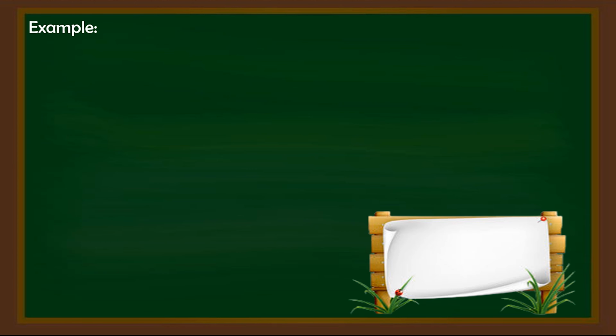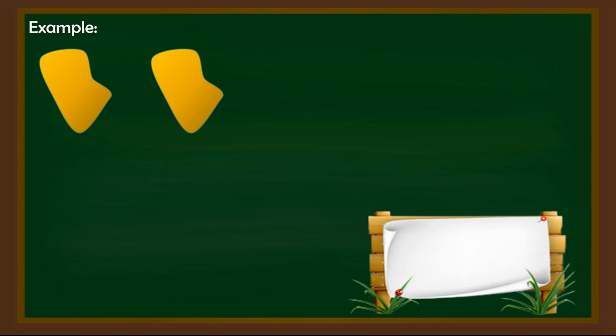Now, it's your turn. Try to identify whether the following relation is a function or not. Let's have example number 1. The elements of the input are 6, 4, and -2.